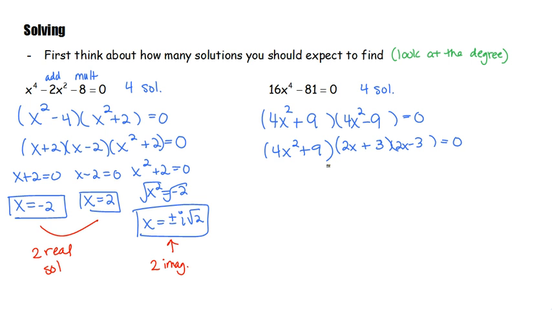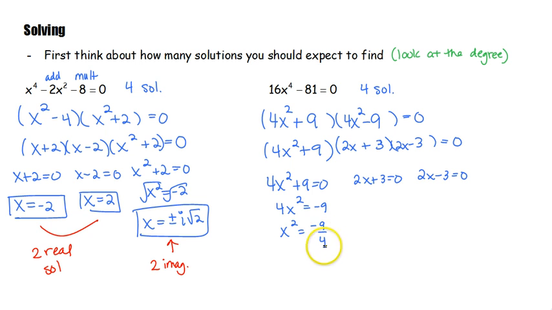Now we're using our ZPP step. 4x squared plus 9 equals 0. 2x plus 3 equals 0, and 2x minus 3 equals 0. We move our 9 over, where it becomes a negative 9. We divide by 4, so x squared is equal to a negative 9 over 4.